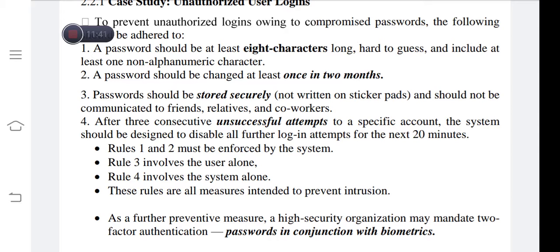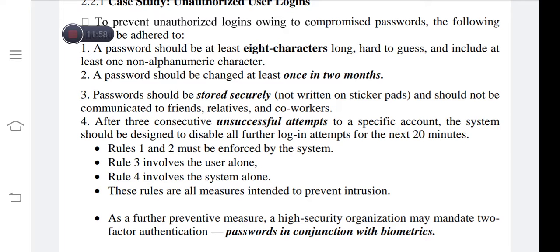So after 3 consecutive unsuccessful attempts to a specific account, the system should be designed to disable all further login attempts for the next 20 minutes. This is also one of the measures.